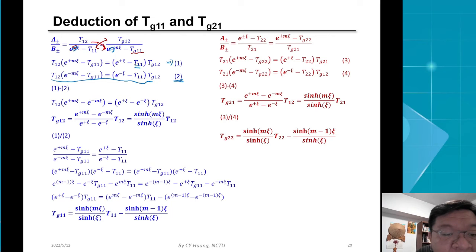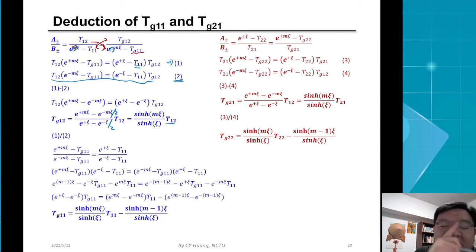Okay, TG12 can be written down like this after rearrangement, and we can divide the 2 on both sides. So it becomes the hyperbolic sine mc divided by hyperbolic sine c times the T12 element of the matrix for one pair structure.